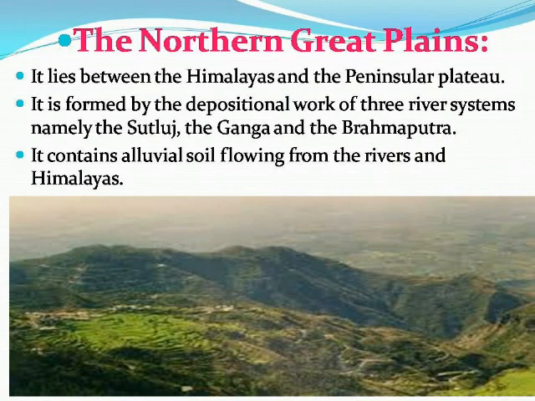The northern Great Plains lie between the Himalayas and the Peninsula Plateau. It is formed by the depositional work of 3 river systems, namely the Satluj, the Ganga and the Brahmaputra. It contains alluvial soil flowing from the rivers and the Himalayas.